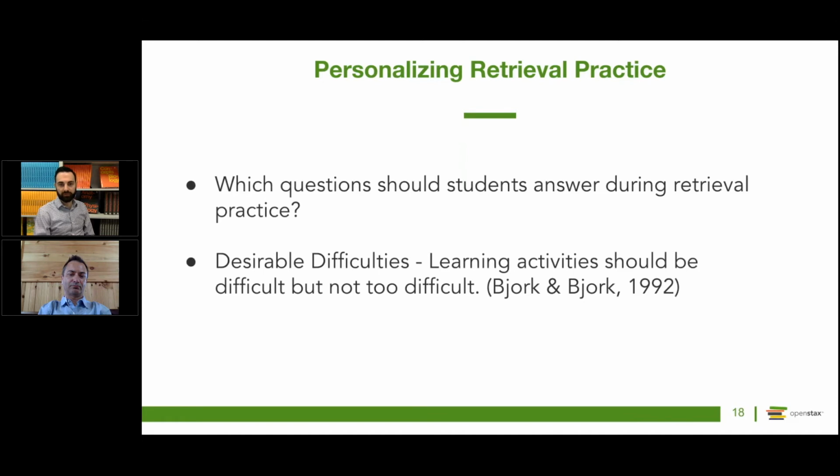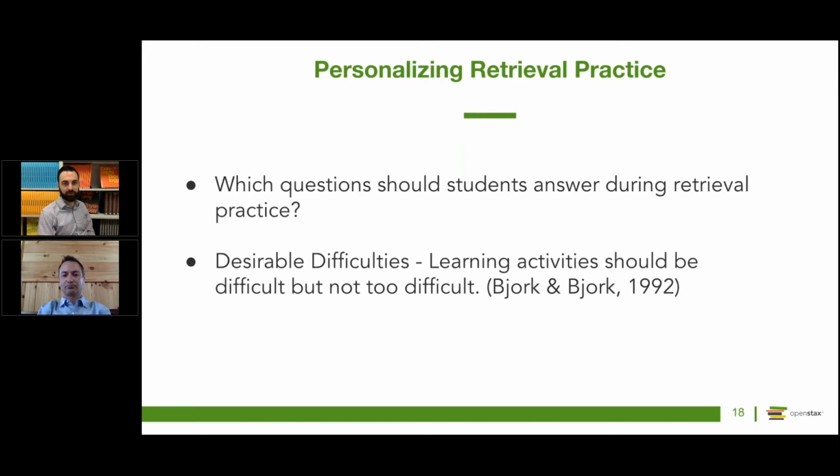One basic idea in cognitive science that lends some relevance to this issue is the idea of desirable difficulties. This is the idea that learning activities should be difficult but not too difficult. It's like a Goldilocks principle. But of course, difficulty is a function of the intrinsic difficulty of the question, but also the proficiency level of the student.